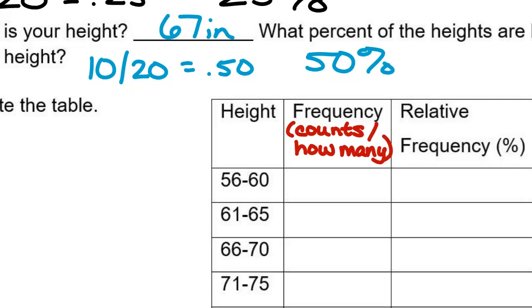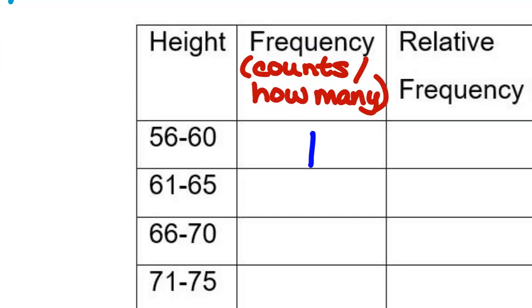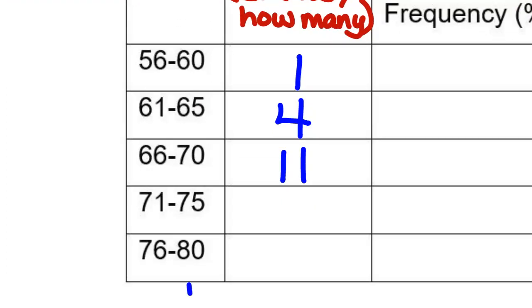Just one dot. How many people on the dot plot are there between 61 and 65? 4. Between 66 and 70? 11. Between 71 and 75? 3. And between 76 and 80? 1.